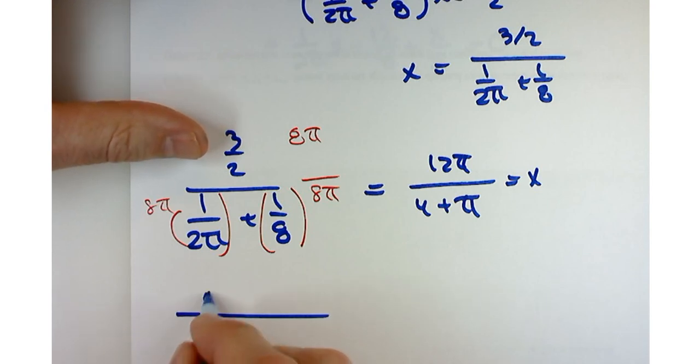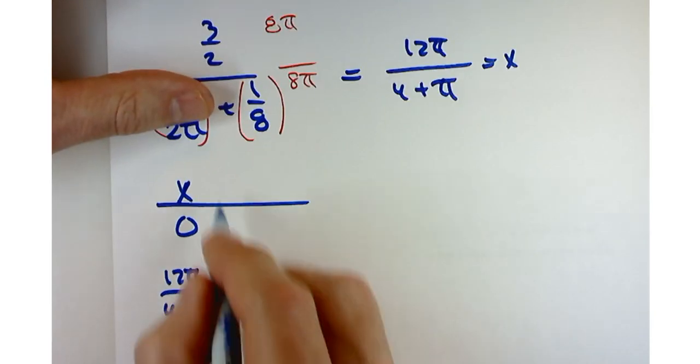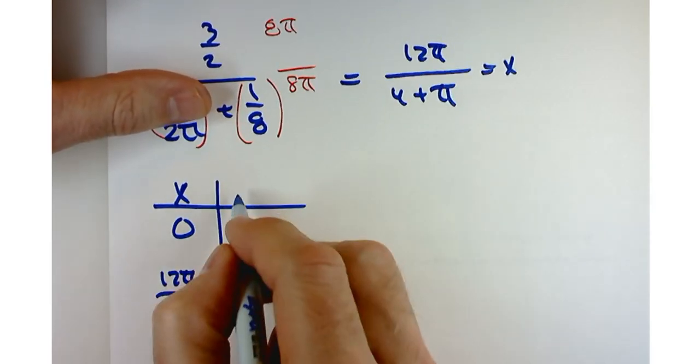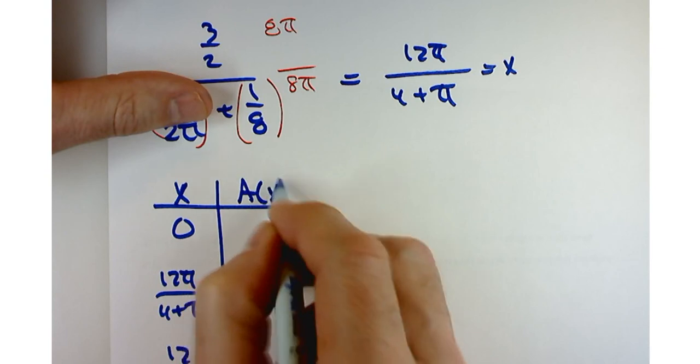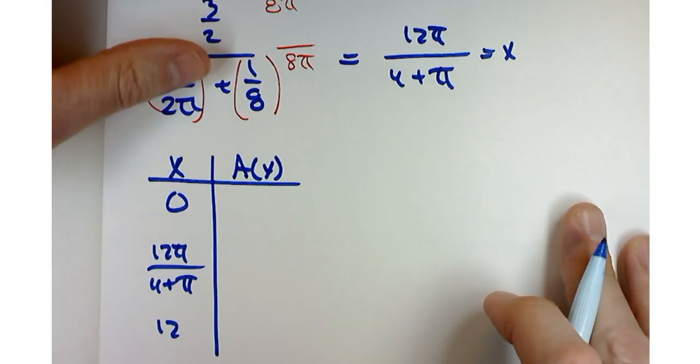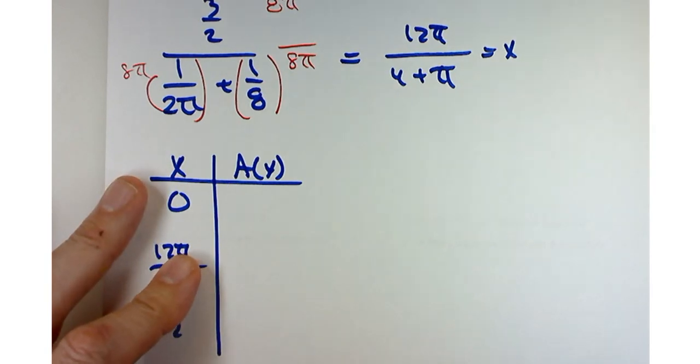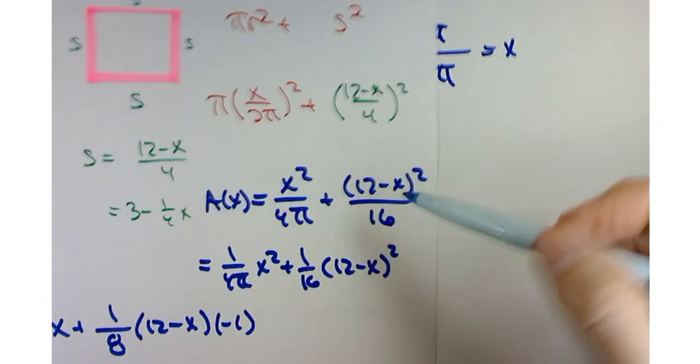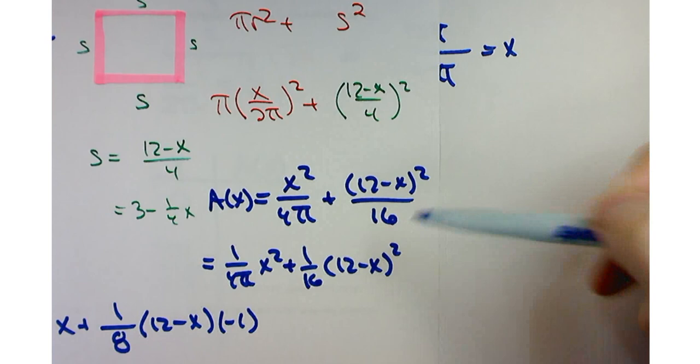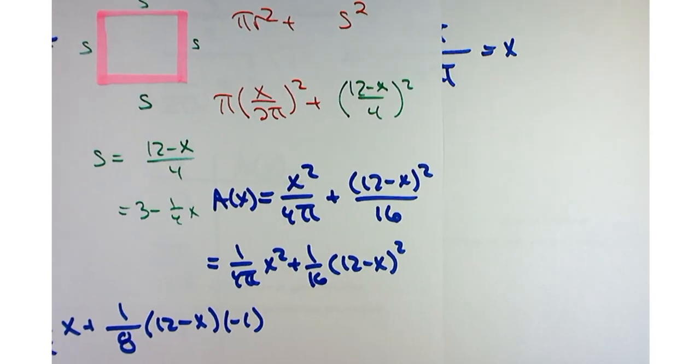So let's see, x is going to be 0, and then 12 pi over (4 plus pi), and finally at 12. And let's see what the area is, A of x. Now for that, you're going to have to plug that expression into your calculator. I'm going to cheat a little bit and use the Desmos link that I've got for this.